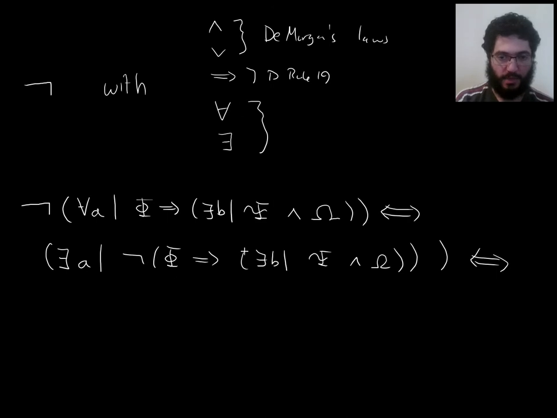Then you're negating an implication. So to negate an implication, when is phi implies something false? Only when phi is true and the something is false. That was derived rule 19.